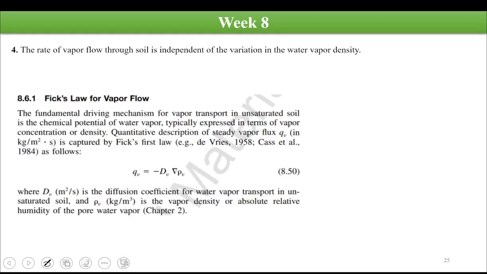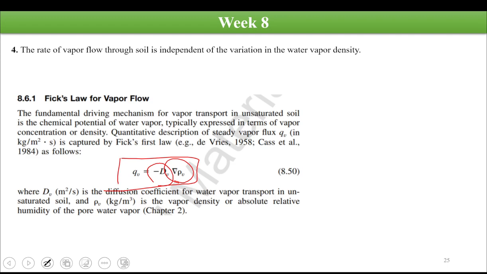Then it is said the rate of vapor flow in soil is independent of the variation in the water vapor density. So if we see the Fick's law for vapor flow, then we'll see that the flow of vapor in the soil is dependent on this Dv, that is the diffusivity coefficient, and this delta of rho v.